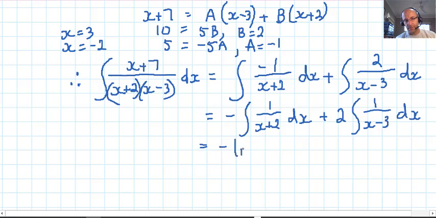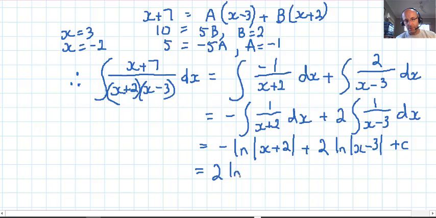So we have negative natural log of the absolute value of, or the modulus of, x plus 2, and the second one follows the same rule with x minus 3 plus c. You may wish to write the final answer with the first term as the positive term. That's an option you have, and it's seen as slightly more elegant.